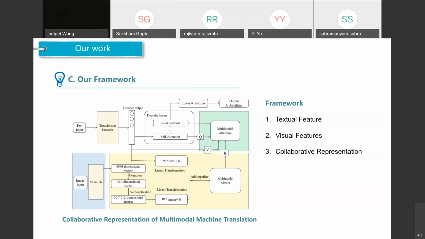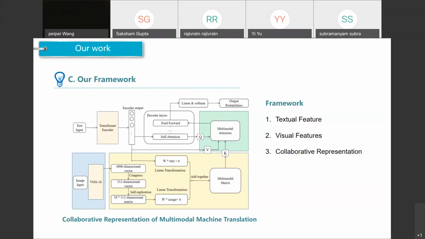The text vector is the output of the Transformer encoder. On the other hand, we add visual features extracted from the final fully connected layer of the VGG19 CNN as helpful information to our MMT model.